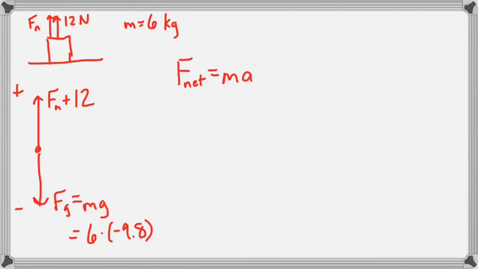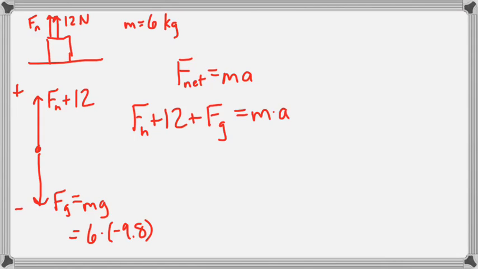F net is the sum of all my forces, so I have the normal force plus 12 plus the force due to gravity, and all of that equals mass times acceleration.